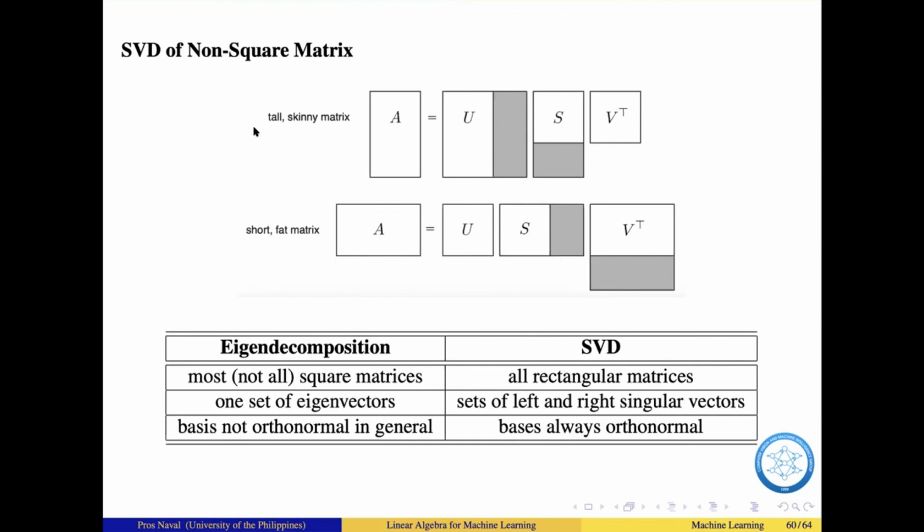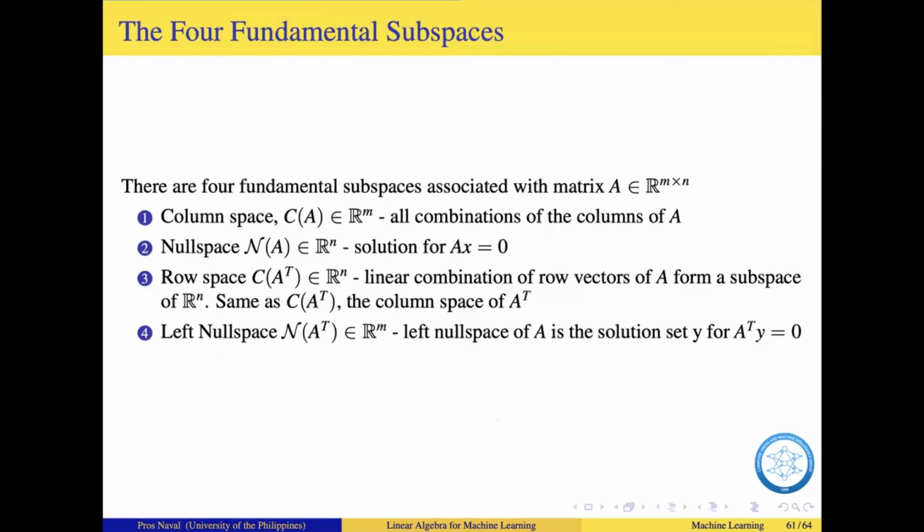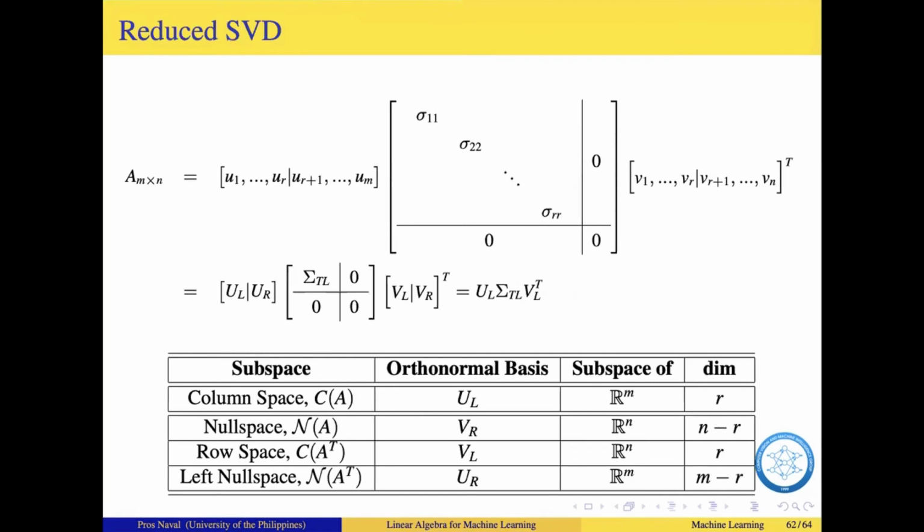So we can actually make a more compact SVD by just getting rid of all these. We do that and we call that the reduced SVD.